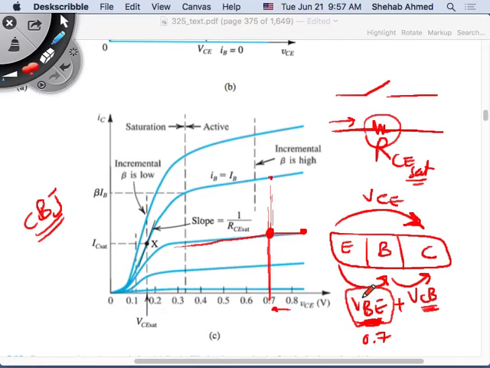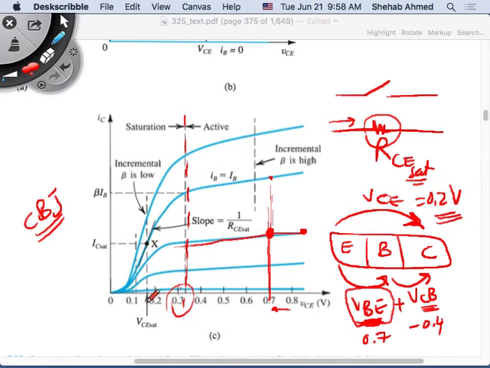Negative by how much? About 0.4. If VBE is 0.7 and VCB is minus 0.4, then VCE is about 0.3 volts, which is the edge of saturation. If I push it even further, to minus 0.5 or minus 0.6, then I'm deep in saturation, which means VCE is about 0.2 volts.